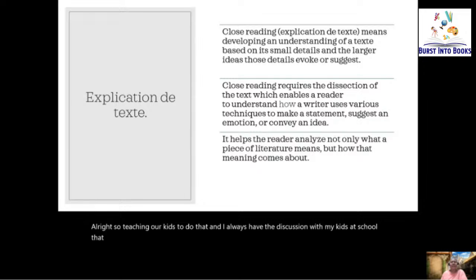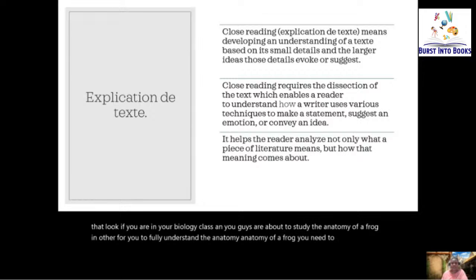All right, so teaching our kids to do that. And I always have the discussion with my kids at school that, look, if you are in your biology class and you guys are about to study the anatomy of a frog, in order for you to fully understand the anatomy of a frog, you need to dissect that frog, right? You need to take it apart. So that is the way I explain close reading to my students, right?